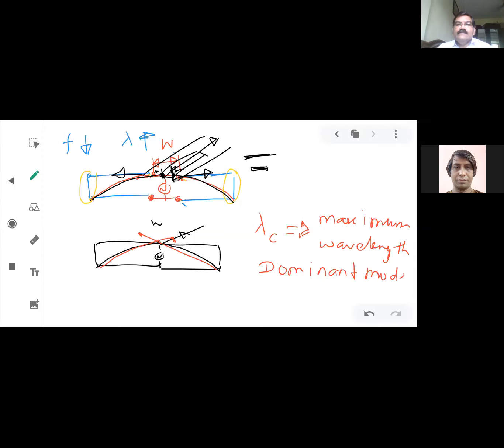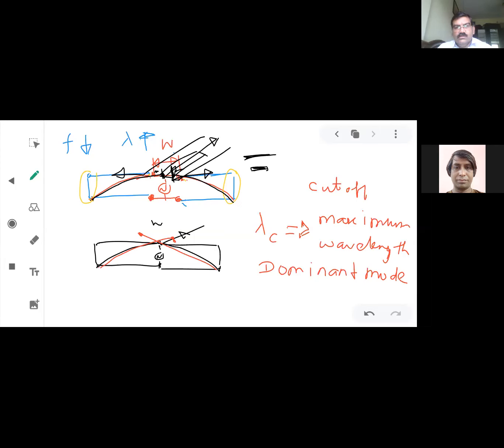This transmission line cannot be operated for any wavelength which is larger than this lambda c. That is called the cutoff wavelength. Maximum wavelength is okay, but technically it is the cutoff wavelength. So cutoff wavelength is the highest wavelength which can travel in this transmission line.